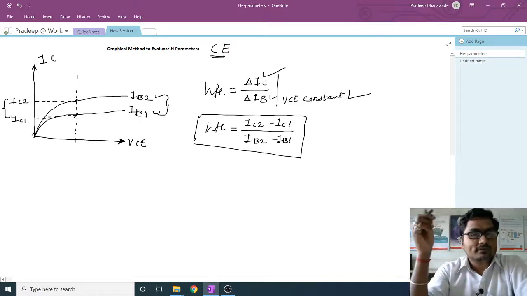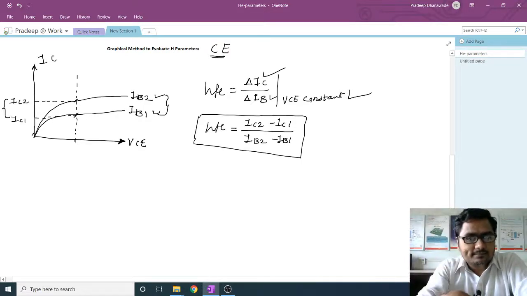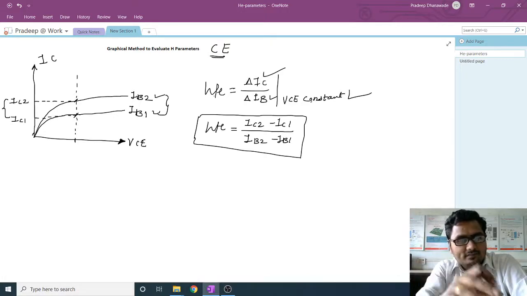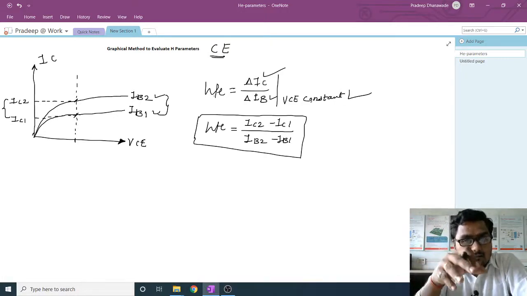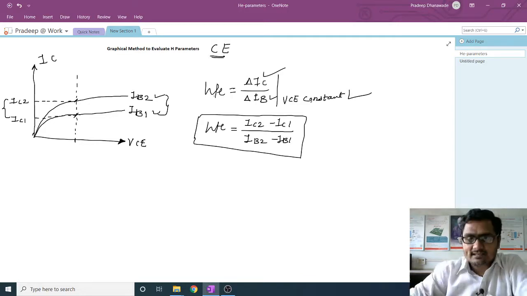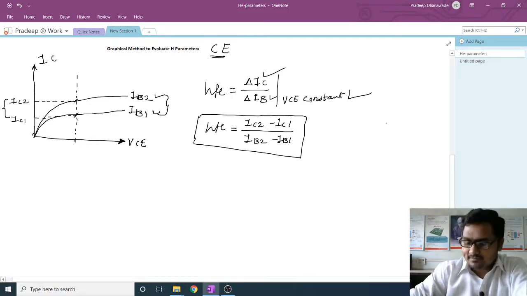So you have to take readings, plot a graph on graph paper, and when you finish your graph, then follow this procedure. You will get the value of HFE. Roughly you will get a value around 50. So this 50 is called the typical value.